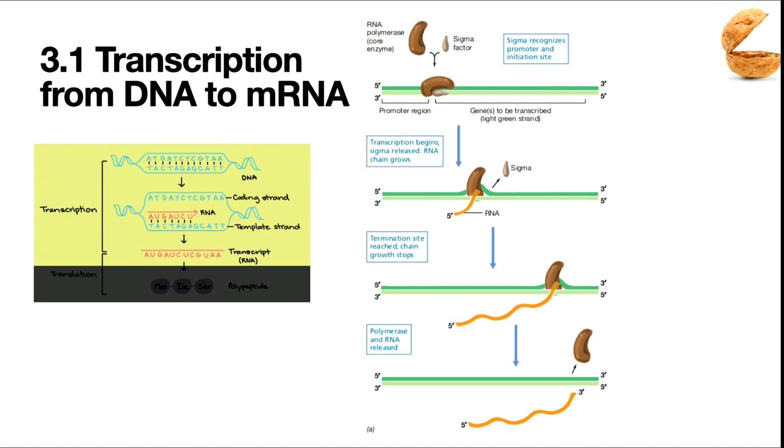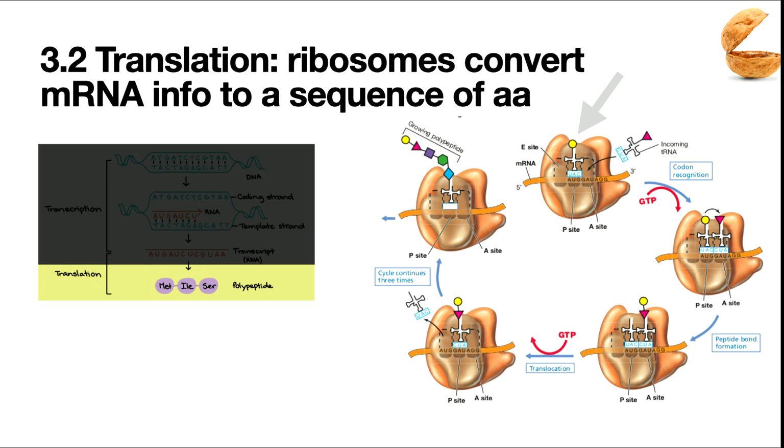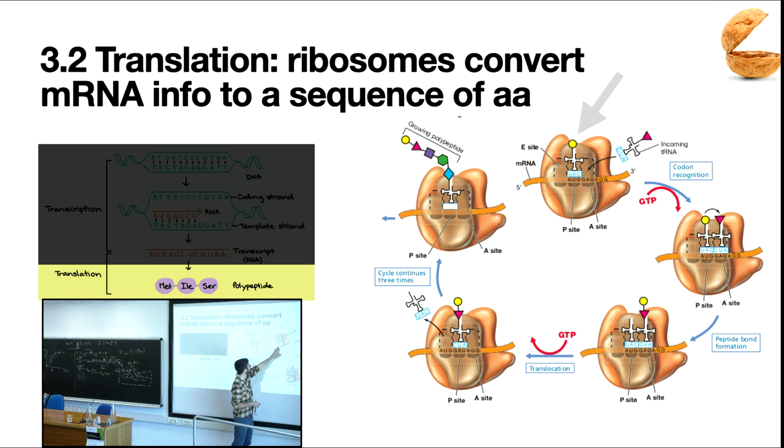Yes. The second step is what is called translation. So basically, there is another machinery, which will become very important for what we're going to do, so remember it, called ribosomes, which are very big proteins that take this messenger RNA, this linear strand with instructions, read it, and as they read it, they assemble amino acids.